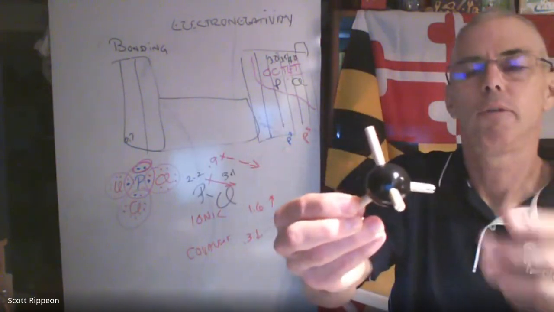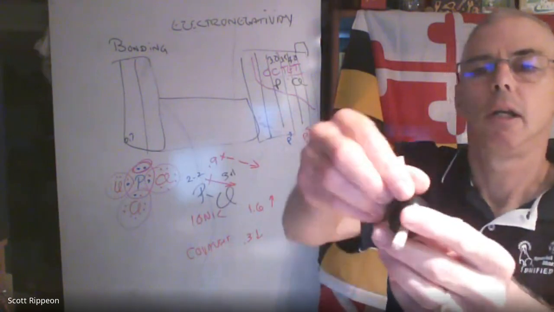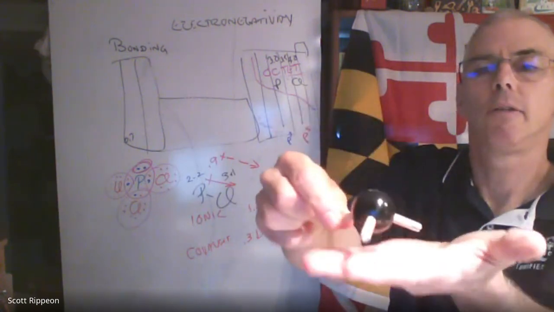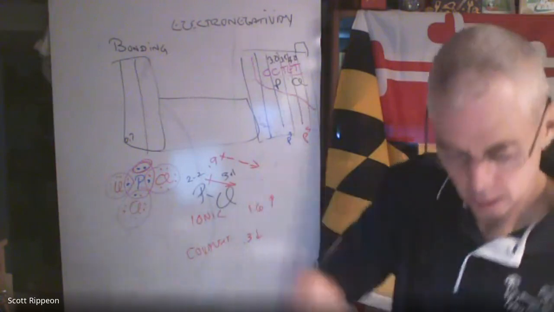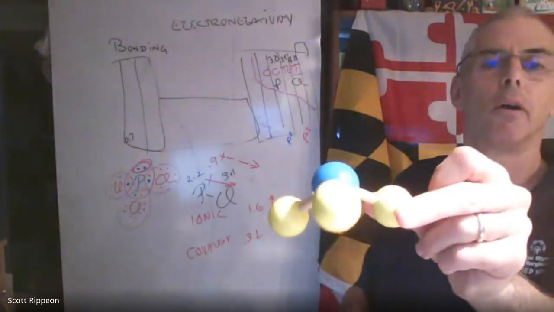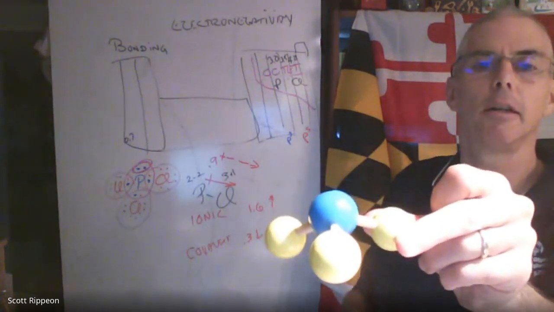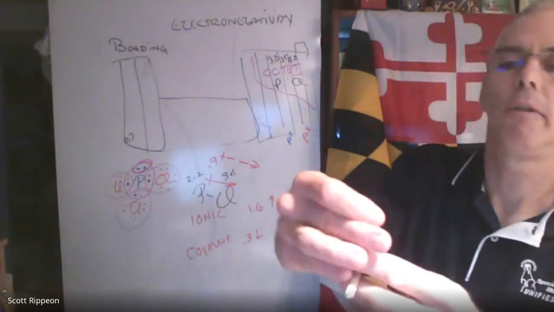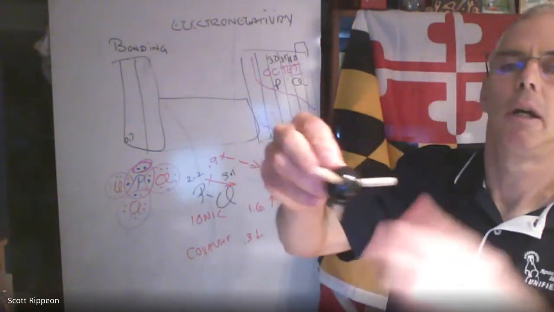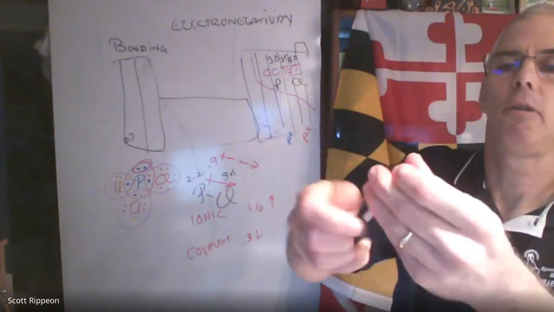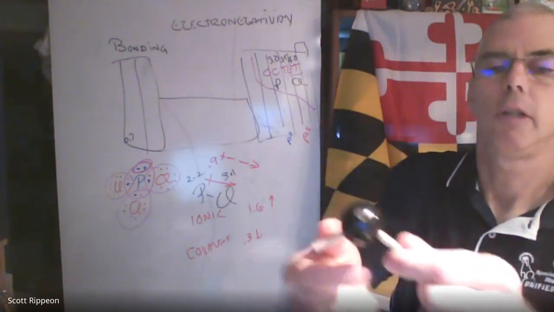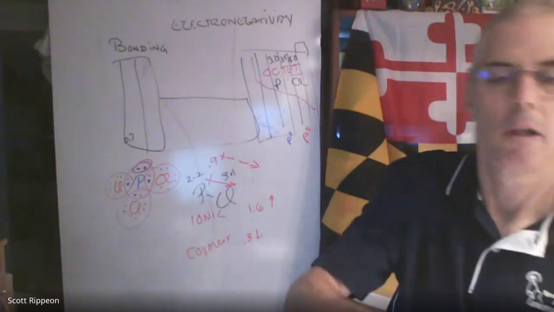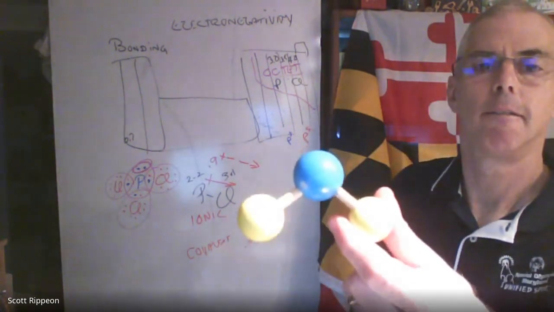But if some of them are electron pairs, it's a trigonal pyramid, where the one is up higher than the others. If it has 2 unbonded pairs of electrons, like water, it takes these 2 away and you see a bent shape. It's going to look like that.